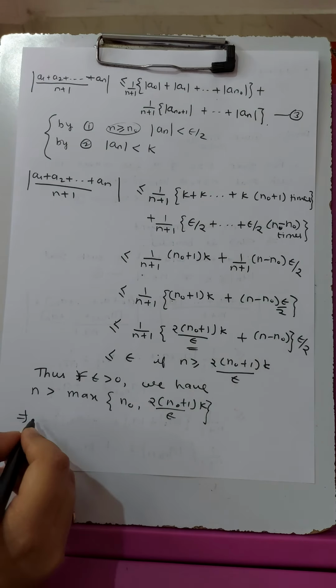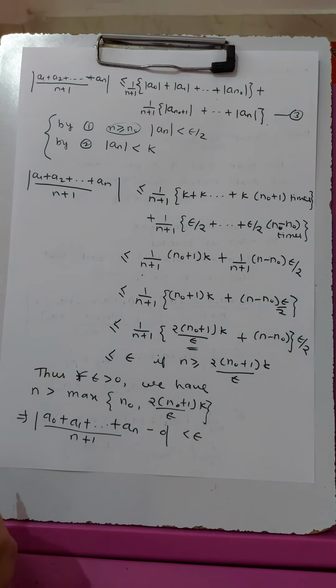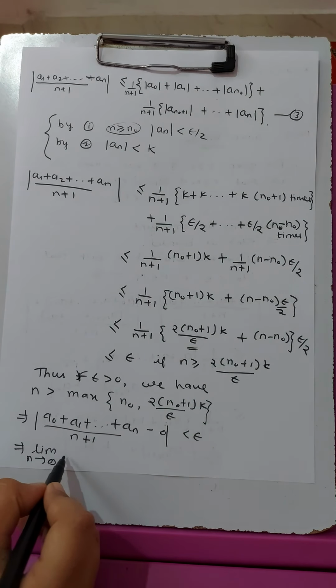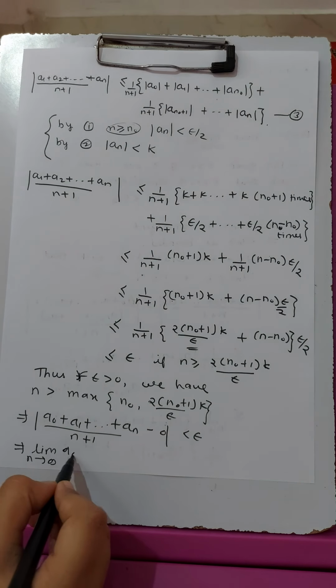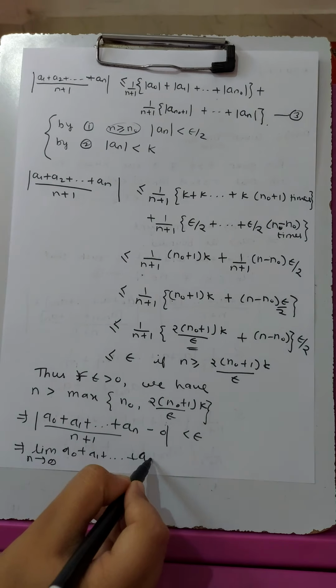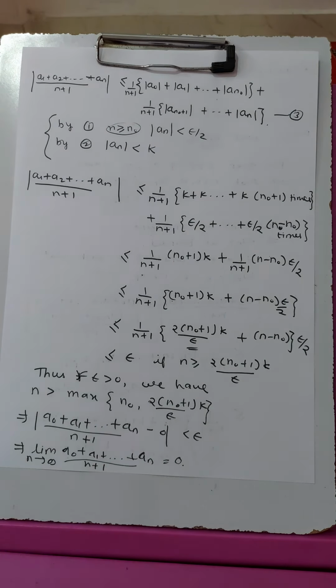So this implies that mod of (a0 plus a1 up to an) upon n plus 1 minus 0 is less than epsilon, and this implies that the limit as n tends to infinity of (a0 plus a1 up to so on plus an) upon n plus 1 equals 0, and hence the theorem is proved here.